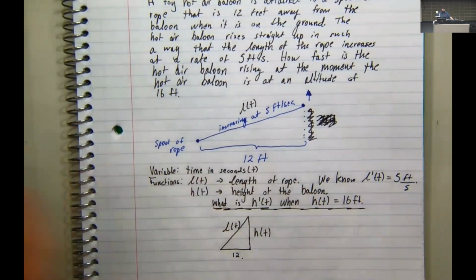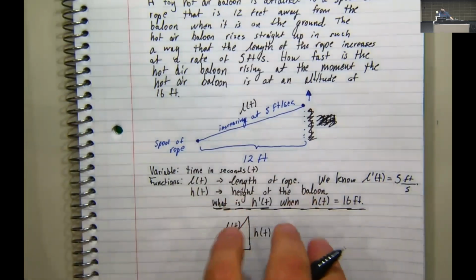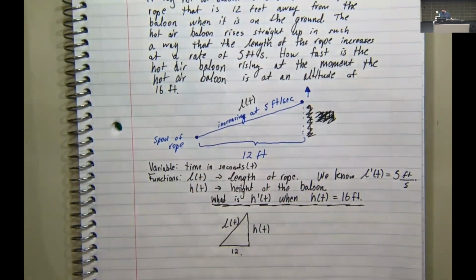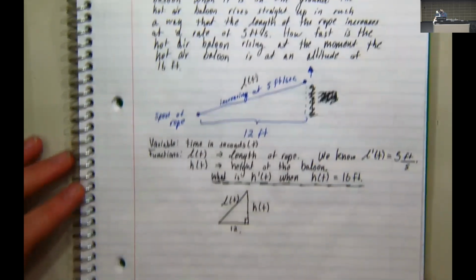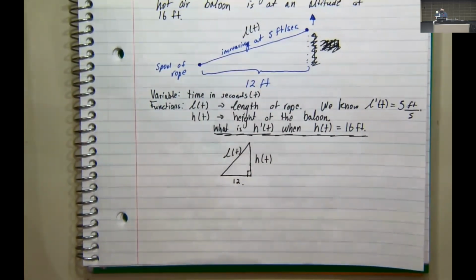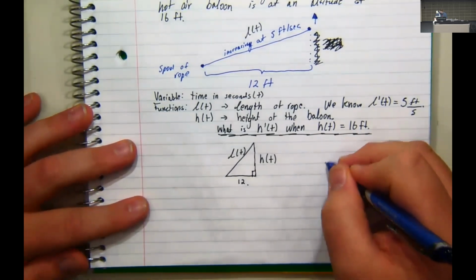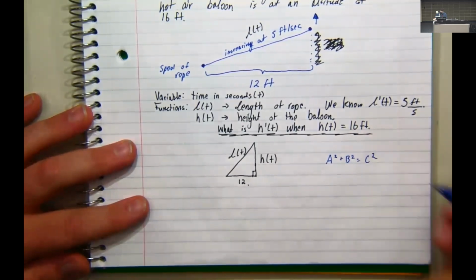We have a relation between these side lengths because it's a right angle triangle, and that is the Pythagorean theorem, a squared plus b squared equals c squared.